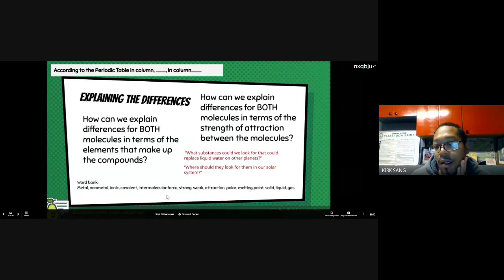If they have strong intermolecular forces, will they have high melting points? Will they have high boiling points? Or if they have weak intermolecular forces, will they have low melting points or low boiling points? Will they be a solid, liquid, or gas?